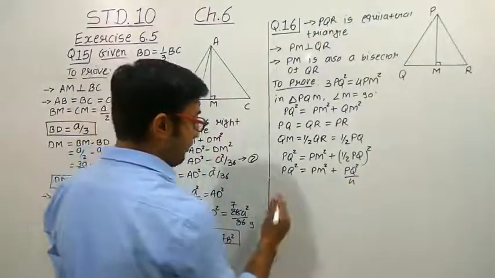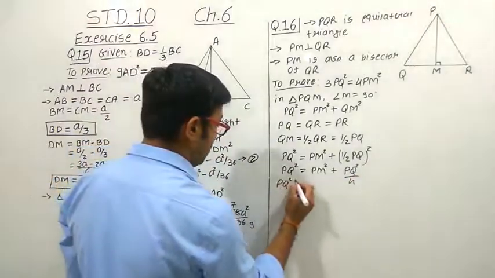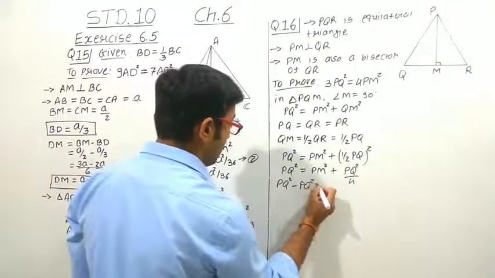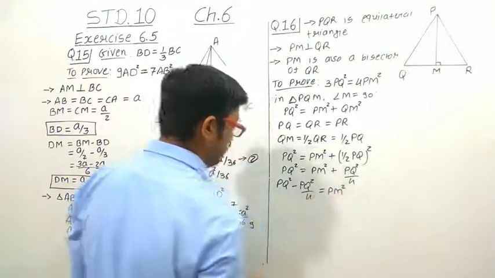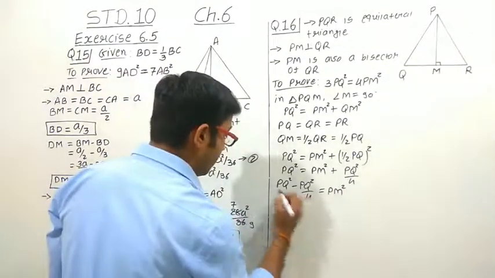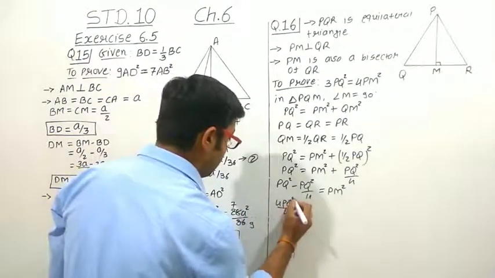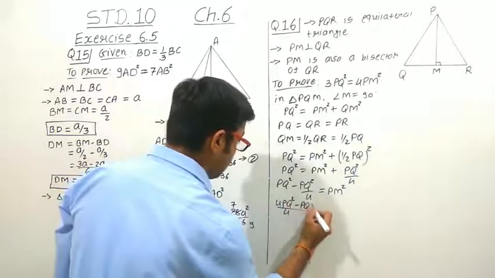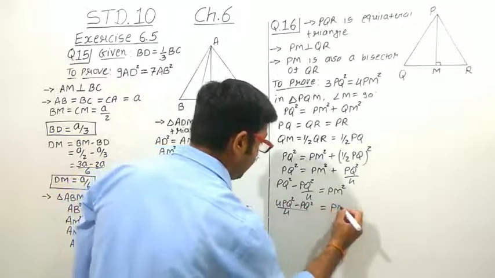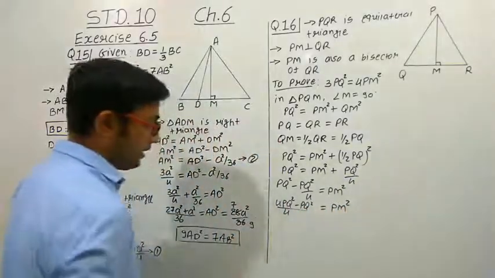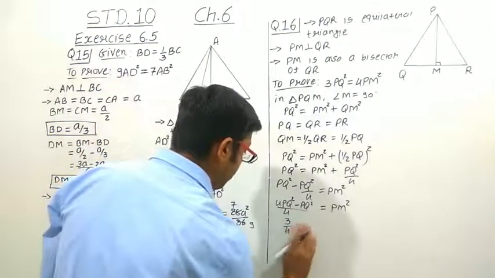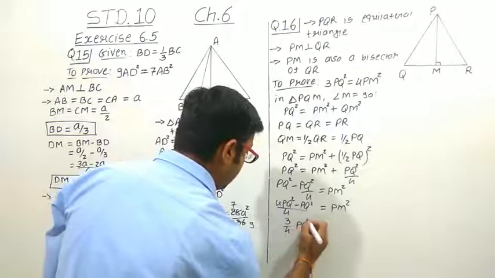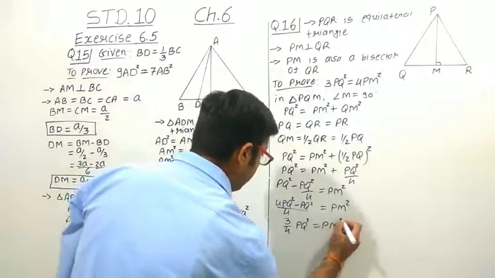Let us take this to the left hand side. So we get PQ square minus PQ square upon 4 is equal to PM square. 4 is the LCM. 4 PQ square minus PQ square is equal to PM square. So what are we getting? 3 upon 4 PQ square is equal to PM square.